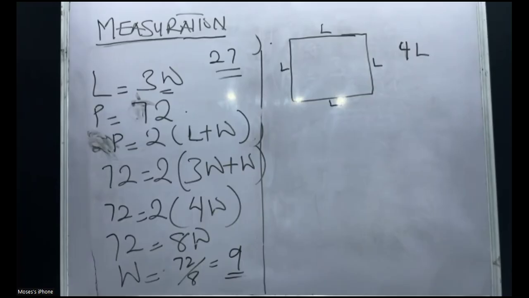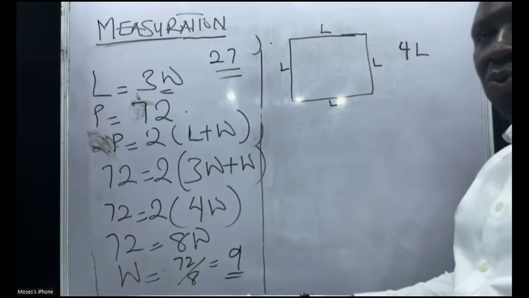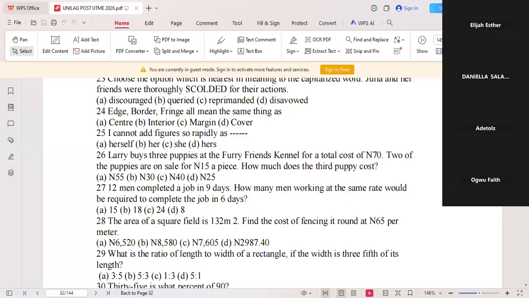Now, the question goes thus. Hope you are writing. The area of a square field is 132 meters square. Find the cost of fencing it round at 65 naira per meter. Again, the area of a square field is 132 meters square. Find the cost of fencing it round at 65 naira per meter.